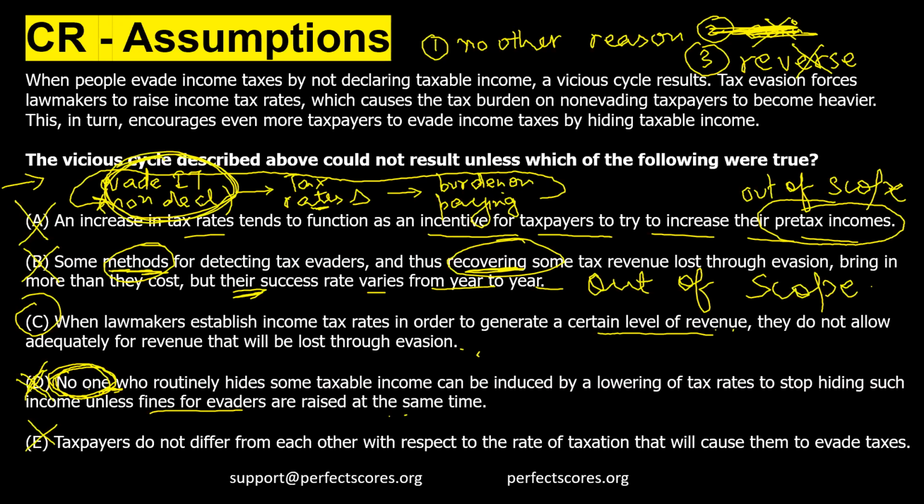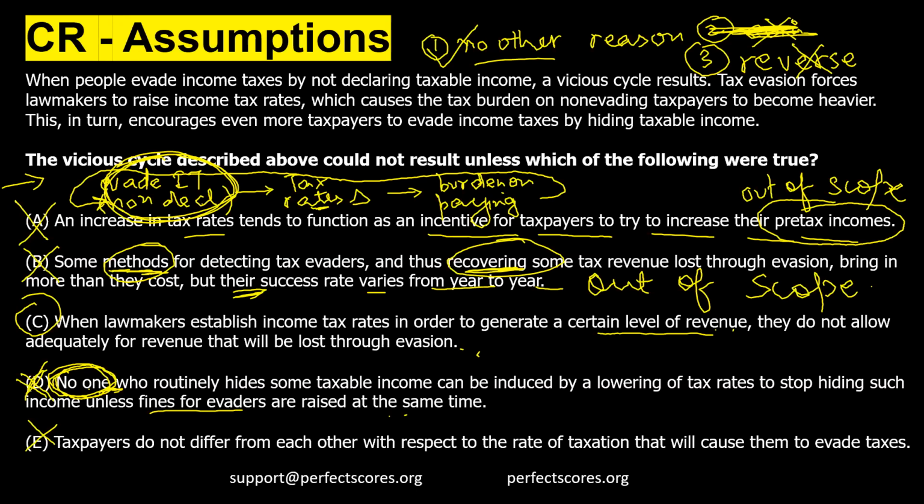So basically, they are not assuming that there could be some other reason why the income tax that they're getting is less as compared to what they imagined or what they expected to get. So C is the answer, C is the assumption, and how do you test it? You try to negate it. Negate it means you try to use the negative of that option.